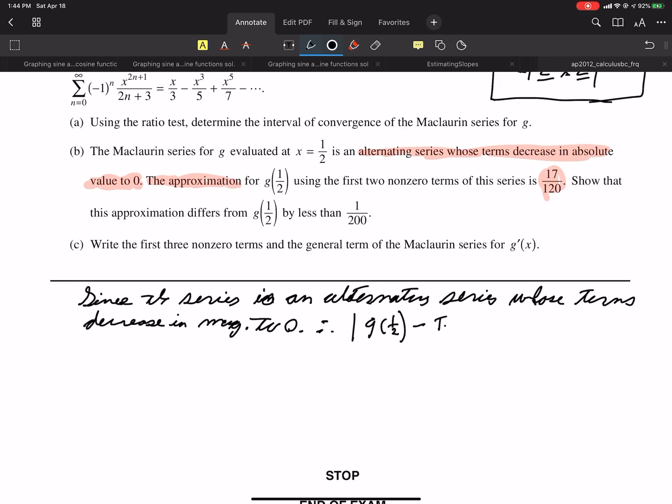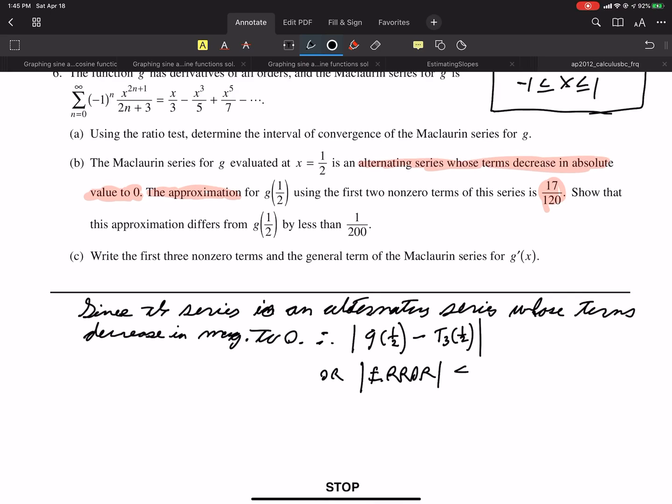So I could do T3 at 1/2 for a third degree Taylor polynomial. But actually, instead of that, or, and this is probably better, easier, you don't have to worry about any of the little details. So that's going to be less than the next term in the series. And we don't have to maximize it because this is an alternating series. The next term is x to the 5th.